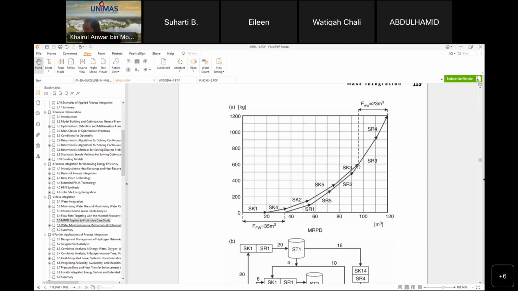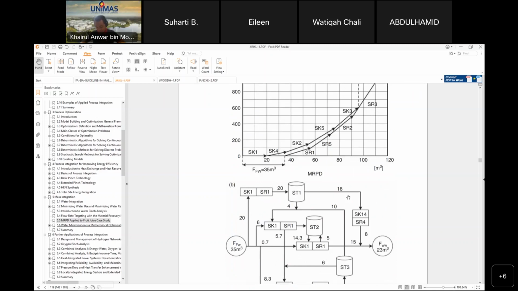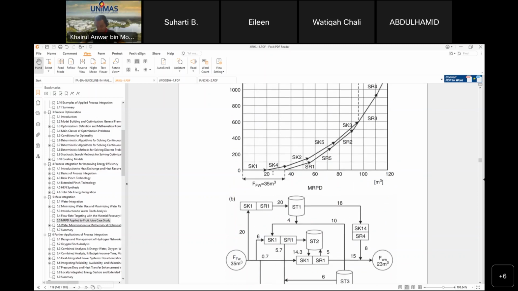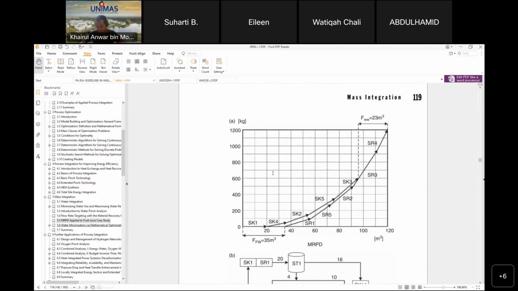So here is your pinch, and after the pinch is the wastewater, while before it the source starts here. So SK1, SK4 is using a freshwater source. As shown in this figure, the minimum freshwater demand is 35 cubic meters. The wastewater flow is 23 cubic meters.